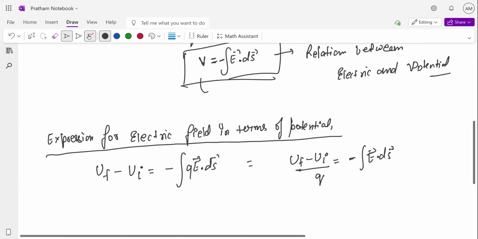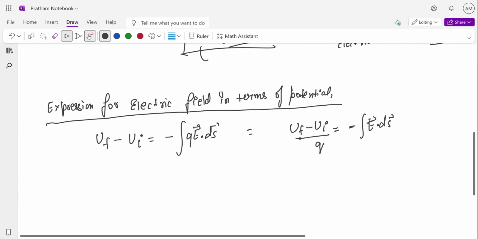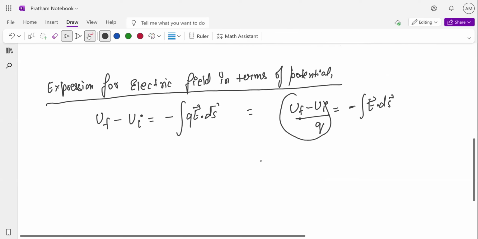Okay. So now if you see carefully, I can rewrite this whole thing as V, potential. So this is potential, negative integral of E dot ds.